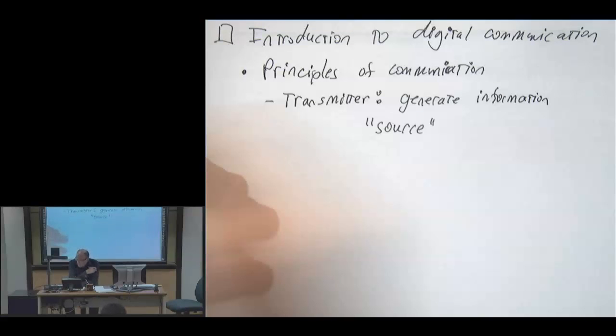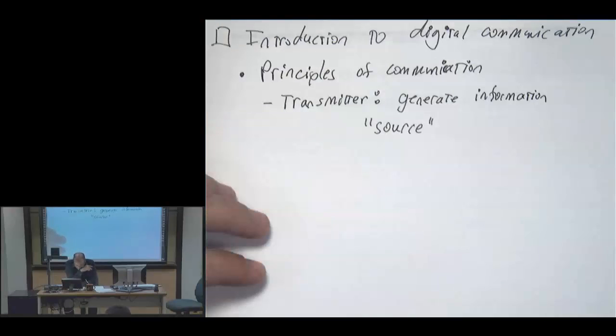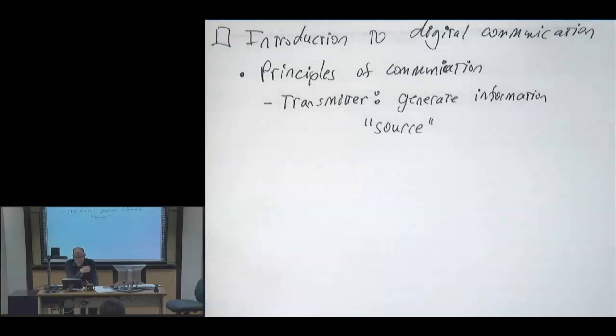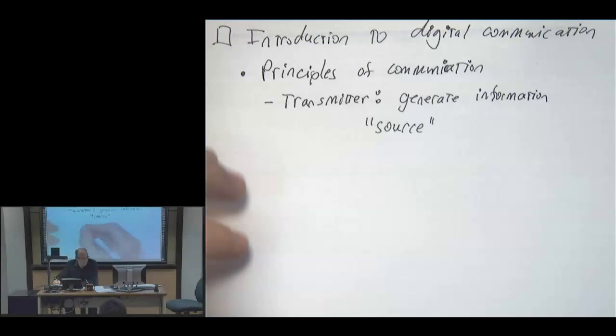You see this term used abstractly, source, especially in information theory. So source is essentially just where the information is coming from. So the transmitter is getting this information somewhere and is in charge of sending it.